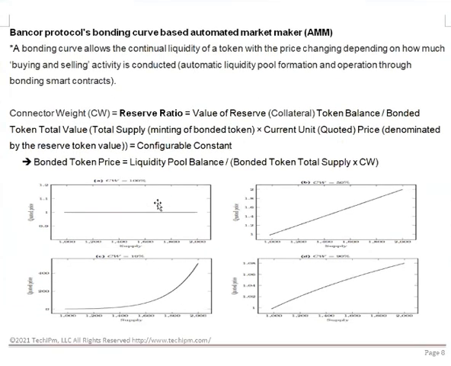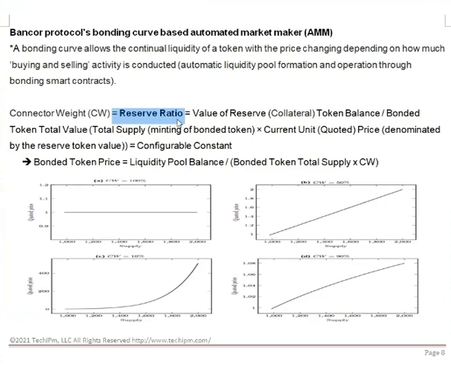And here is one example you should understand: Bancor implements a concept like a connector weight. Actually, this is the reserve ratio. Reserve ratio means that you have a liquidity pool with tokens in it, and you can measure the ratio of the liquidity pool balance with respect to the bonding token.